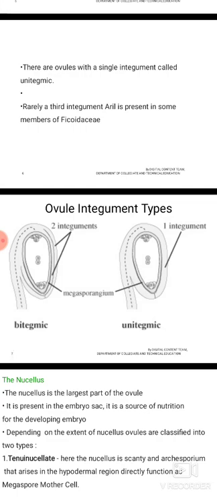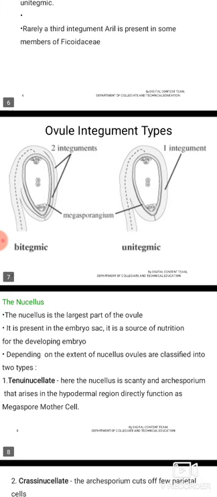The next is the nucellus. The nucellus is the largest part of the ovule. It is present in the embryo sac and it is a source of nutrition for the developing embryo.